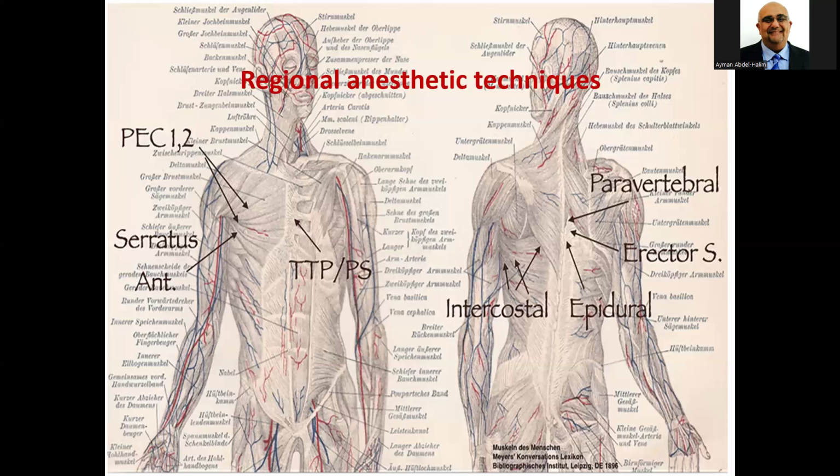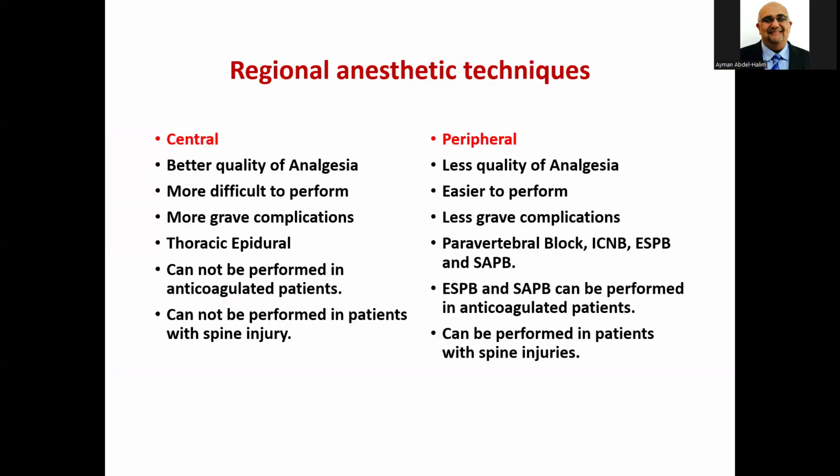You cannot compare a serratus block to a thoracic epidural as far as the analgesia. So it's a kind of balance. You get fewer complications and less analgesia with the peripheral blocks. And I put it in a table here.